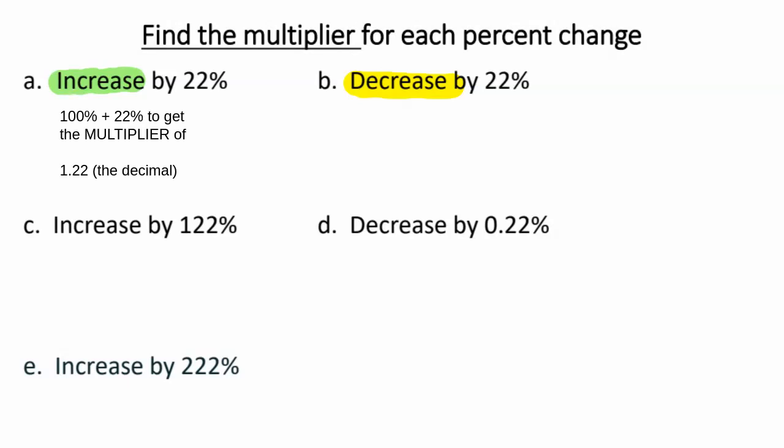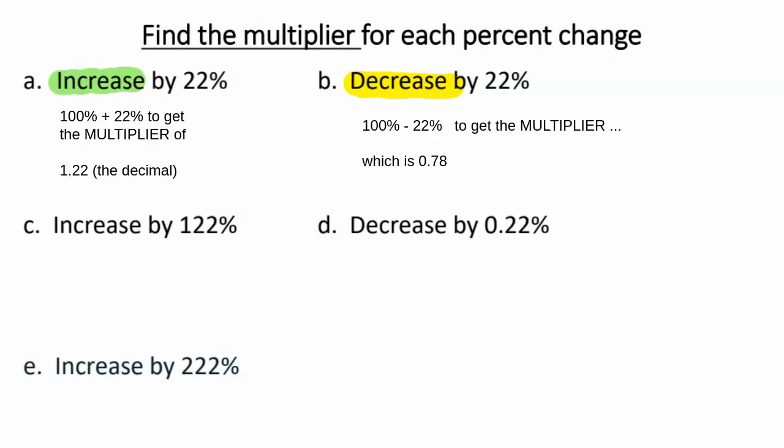Well, this time we're taking 100% and subtracting 22% to get the multiplier, which is 0.78.